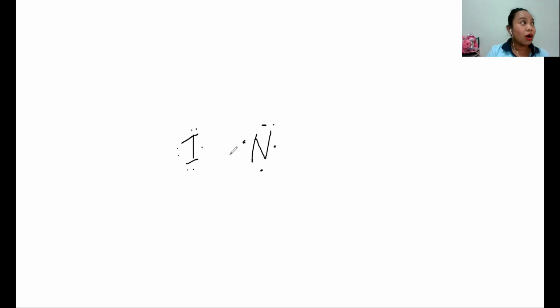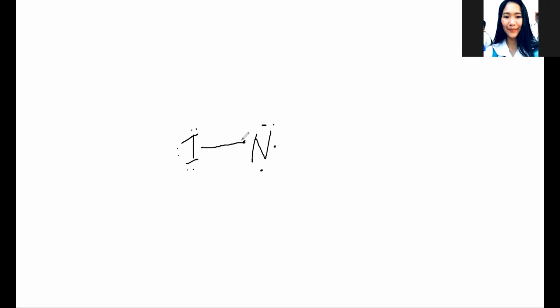When we talk about covalent, it means connect the dots. So we connect those dots that are lonely, with no pair. So this one, which has no pair, will connect with this one, which also doesn't have a pair.